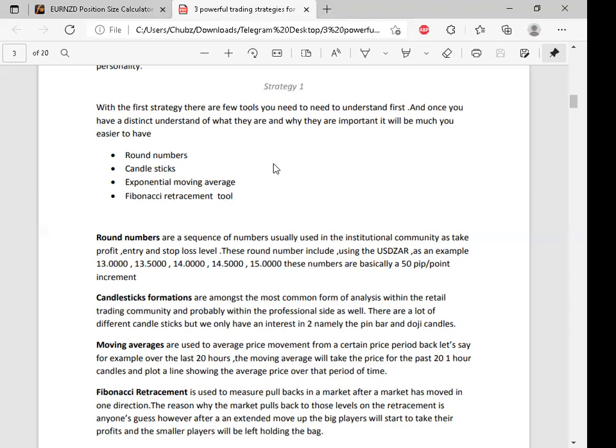a candlestick is just this thing. Let's say this would be a candlestick, and a candlestick formation would be a series of these that actually tells you something about the market. Let's just imagine this would be a pin bar, straight.